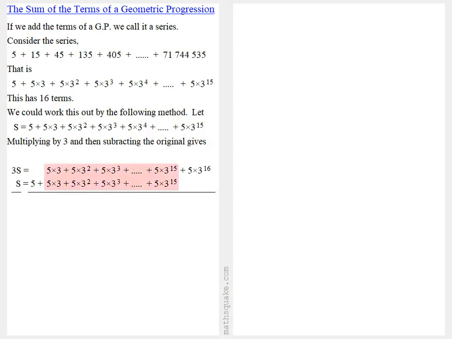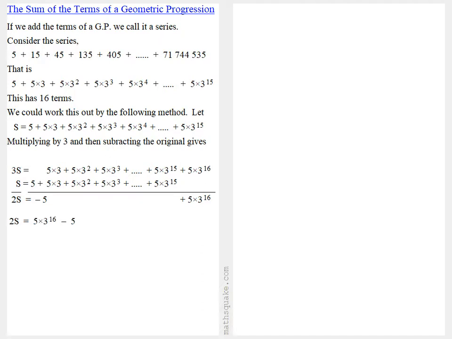Now if we subtract, we have 2S, and a whole lot of the terms on the right-hand side cancel out. On the right-hand side we're left with minus 5 plus 5×3¹⁶.